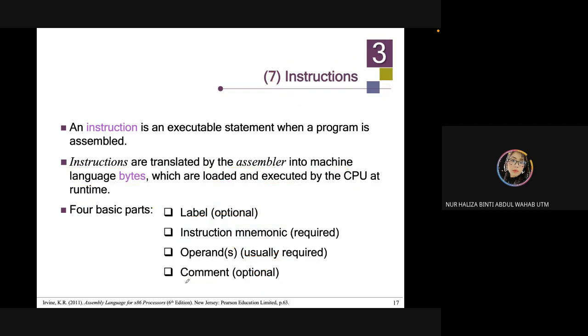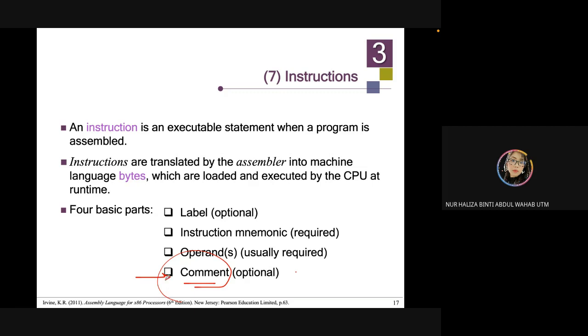Normally comments are important for us beginners, I guess, because later, if we want to check back our programming, then we know, oh, this part I did like this, this part I did like that. So it's better for you to write comments in your assembler, in your instruction, because it won't affect your program.